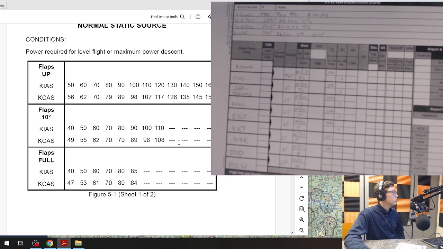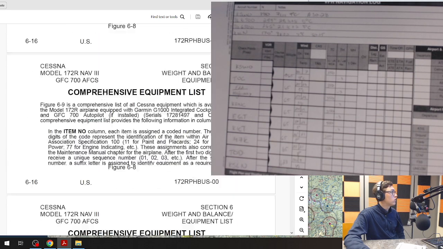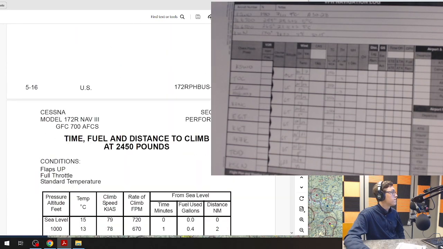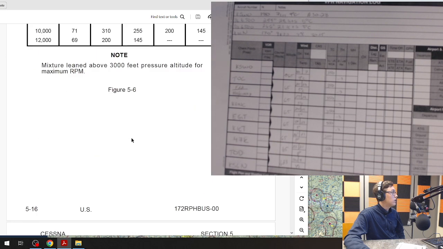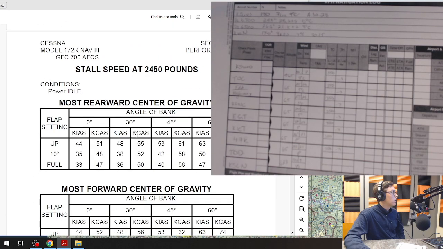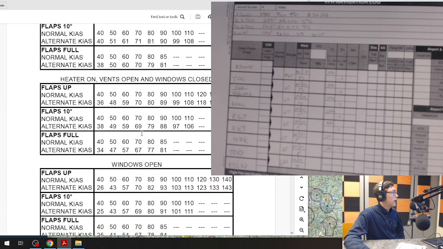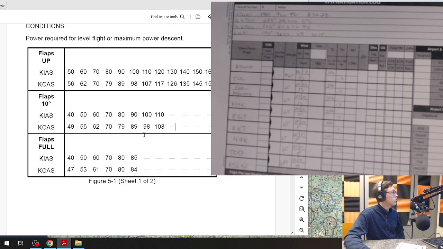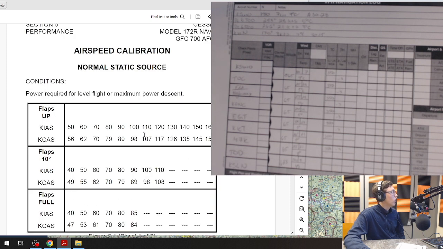So indicated airspeed, I chose 78 knots. And then we're going to go to our chart. 78, that's indicated, and we need to go from indicated to calibrated. What are we calibrating for? We're calibrating for any instrumentation installation error. So airspeed calibration of the normal static sources.